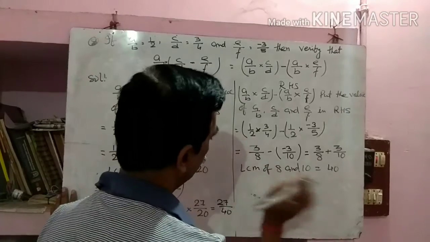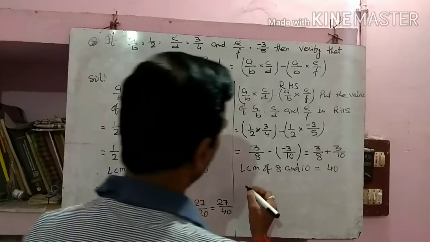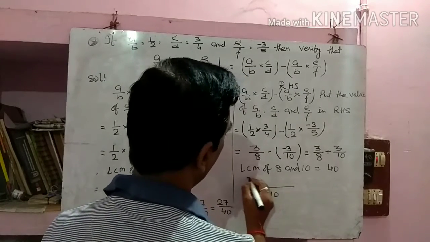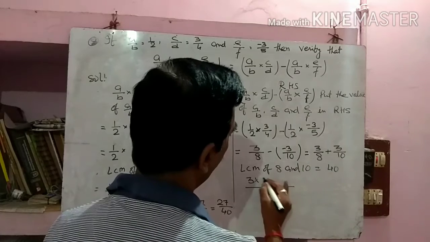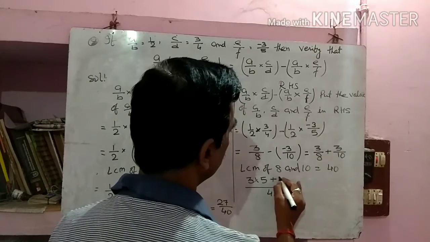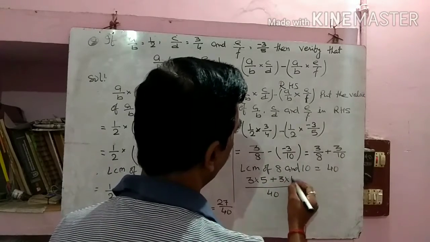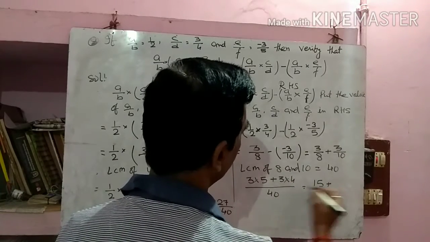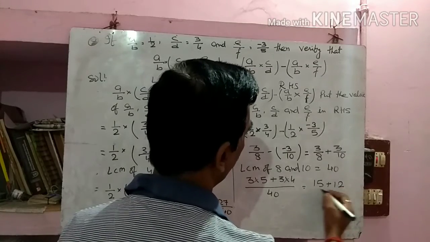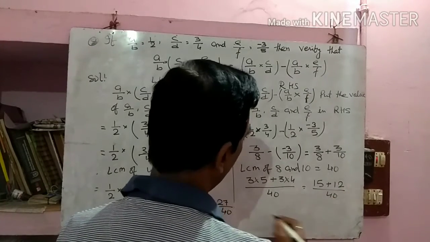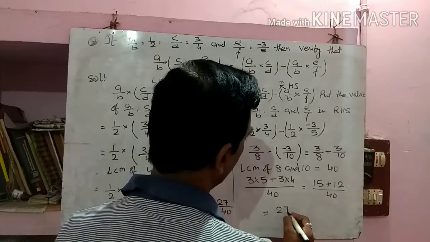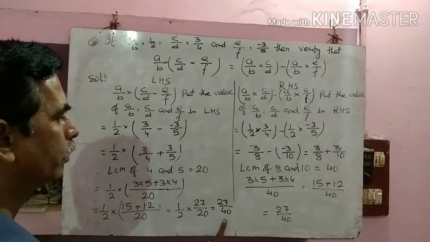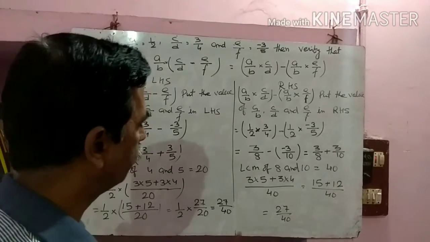Take the common LCM, 40: 3 into 5 is 15 plus 3 into 4 is 12 over 40. Then you will get 27/40. It means LHS is 27/40 and RHS is also 27/40.